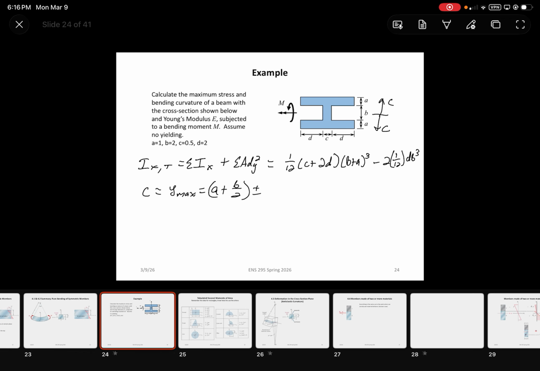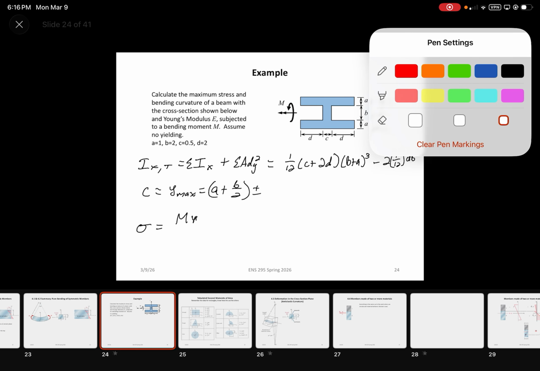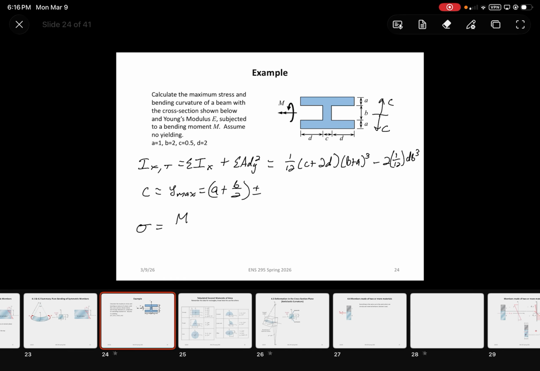All right, and then lastly, we can calculate the stress by just plugging in Mc over I, which is just going to equal M, which is going to be a known value. We'll always know the bending moment from internal equilibrium. c is going to be a plus b over 2.